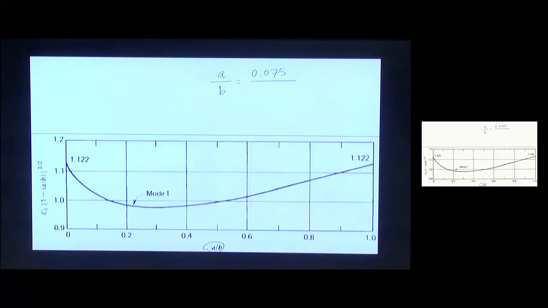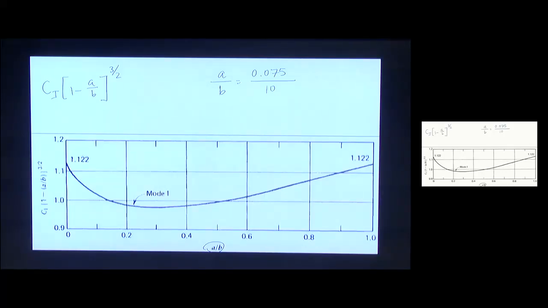Or is it half that? Yeah, 10, okay. So it's quite a small number. And so we look at that on the x-axis, and then on the y-axis is C1 times the quantity 1 minus A over B, and that term to the 3/2 power. So we still have to solve for C1 even after we read this number off the chart.